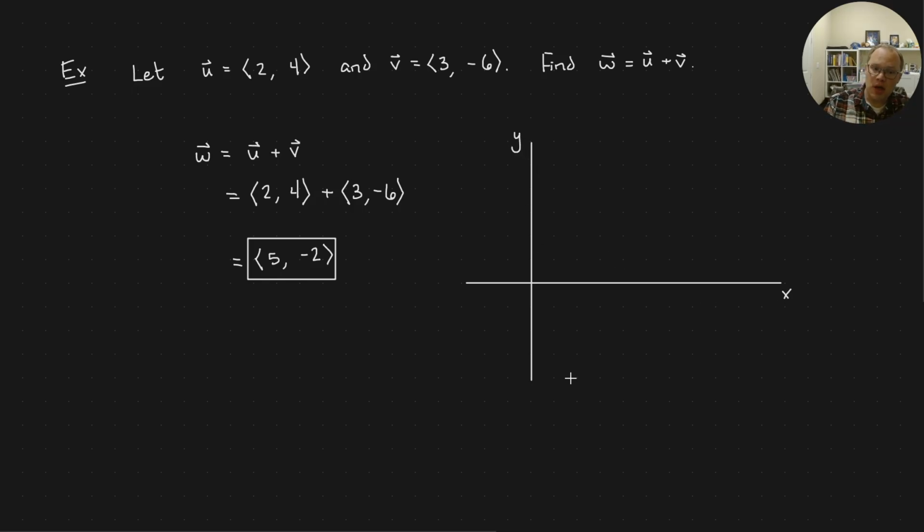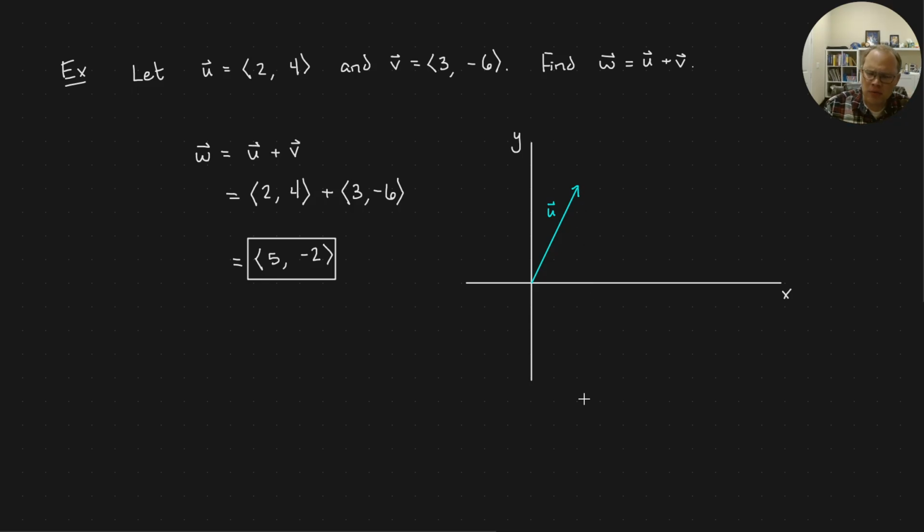We're going to start by plotting u in standard position. So I'm going to plot u with its tail at the origin. So 2, 4. So I'm going to go over 1, 2, and then up 1, 2, 3, 4. So there's vector u, 2 to the right, 4 up.